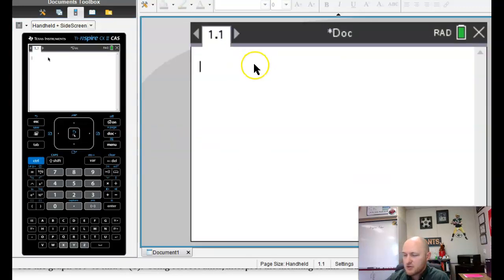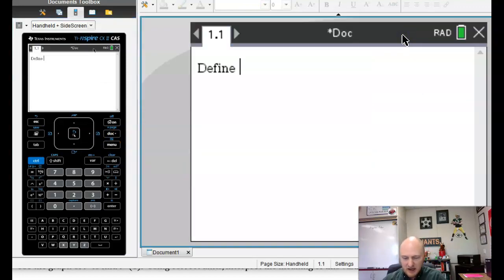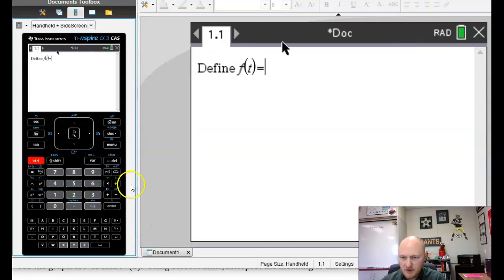And one thing with these rate problems on the AP exam is they'll often want you to use a function multiple times. So I recommend to my students to go into Actions and define the function. So Menu, Actions, Define, and I'll just call this f of t is equal to, and I'll go ahead and enter this function.